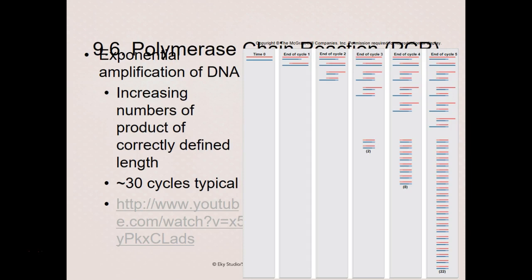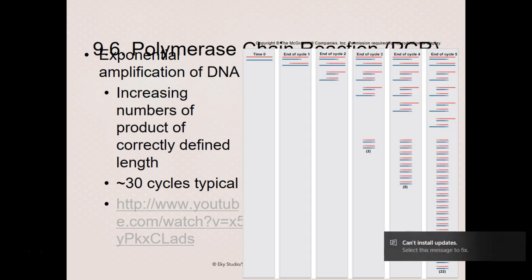But once we found the Thermus aquaticus and were able to use the DNA polymerase there, we no longer had to re-add DNA polymerase after the denature step. And eventually we were able to produce a machine that would heat up and cool down multiple times, and that's the thermocycler.